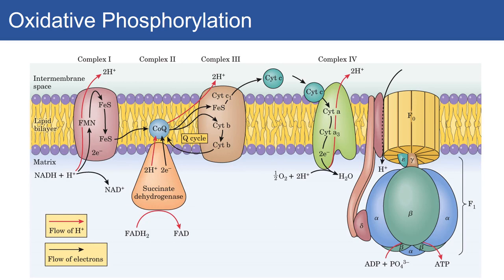Your NADHs are electron carriers. Your FADH2s are electron carriers, and what we're doing here is moving molecules to generate energy. At each step along this process, and we'll go into great detail, what oxidative phosphorylation allows us to do at the end of the day is pump molecules across to generate ATP. The ultimate goal out of this is to generate ATP.